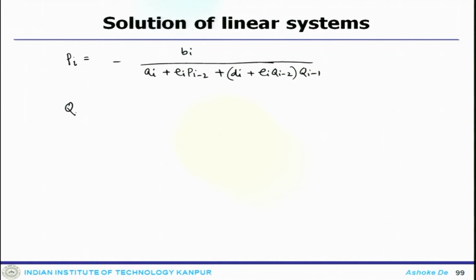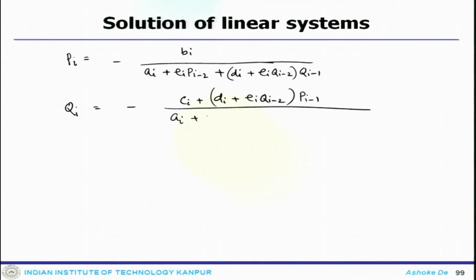Similarly, Qi equals minus Ci plus Di plus Ei Qi minus 2 Pi minus 1, and in the denominator you have the same expression.